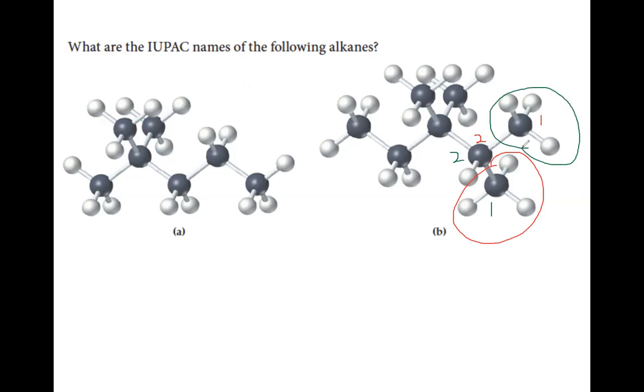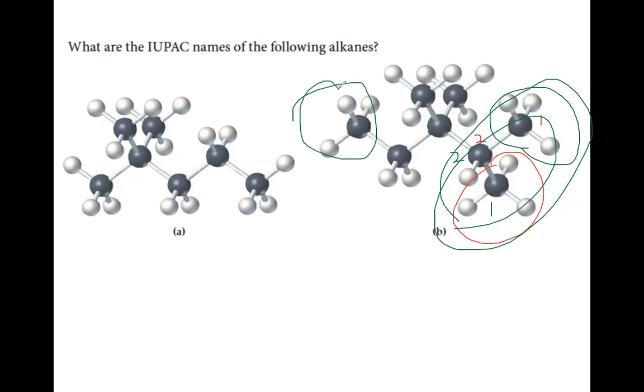So it doesn't really matter which way we go, if we go up or if we go down. What does matter is the direction that we number it, right? It's important that we number it from this direction here and not this direction, because then our first substituent would be this group coming off of the third carbon instead of the second carbon.